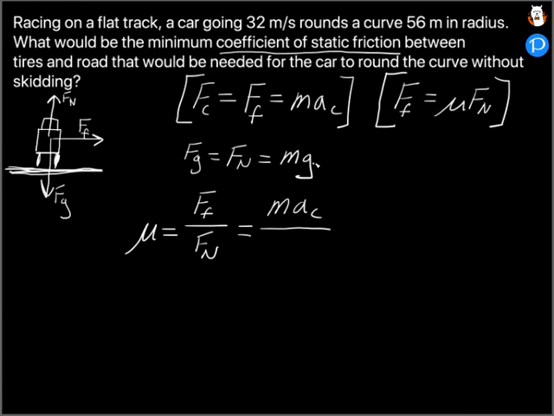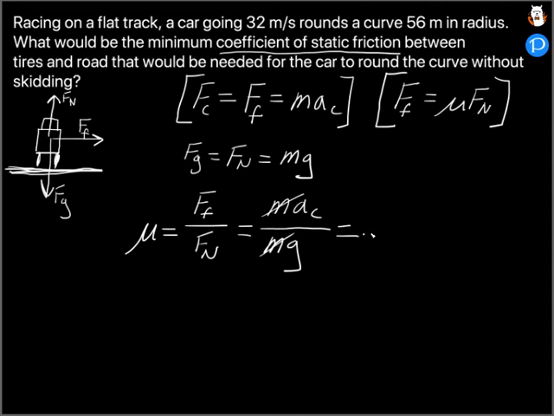I can take this mg, basically the weight of the car, and put it in for Fn here. Now I don't need to know the mass, because when I've got these plugged in, the masses just cancel out. The only things I need are the centripetal acceleration and g.